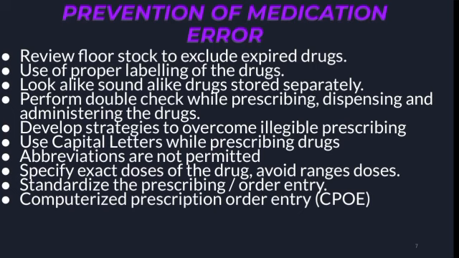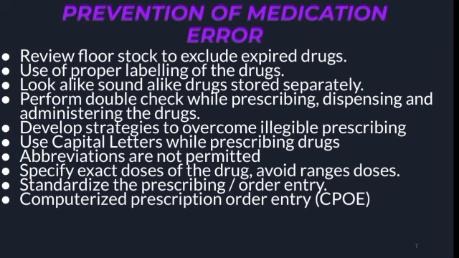Abbreviations, do not use any abbreviations in the prescription. Most drugs have similar abbreviations, and they may mistakenly dispense the wrong drug. So avoid abbreviations. Specify exact doses of the drug. Correct doses must be mentioned.